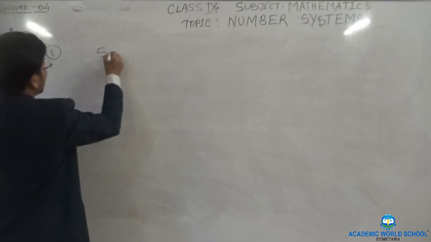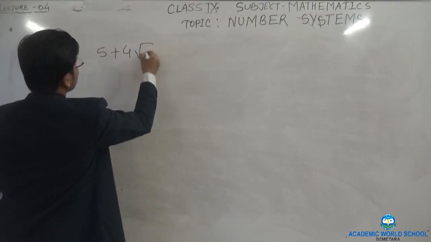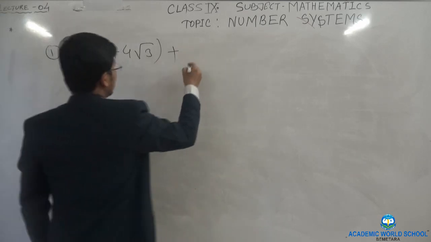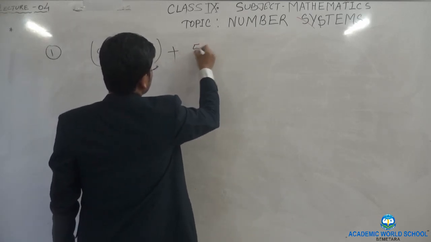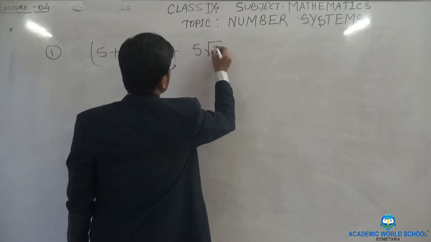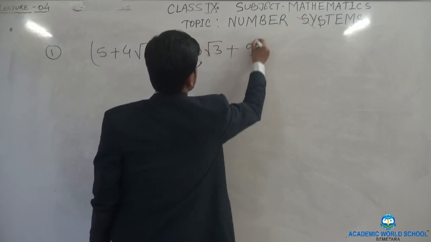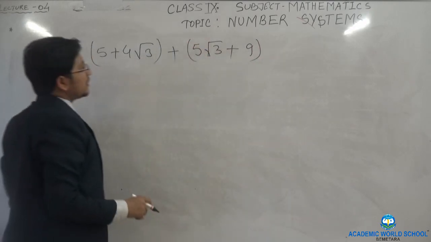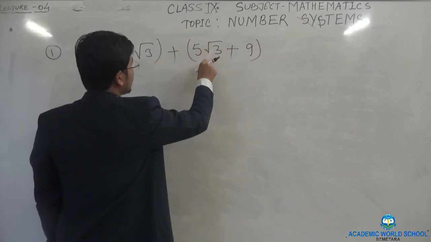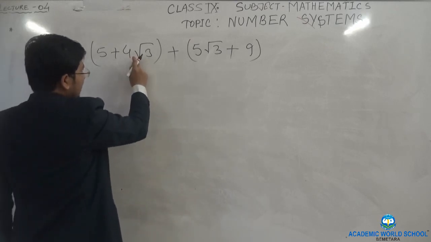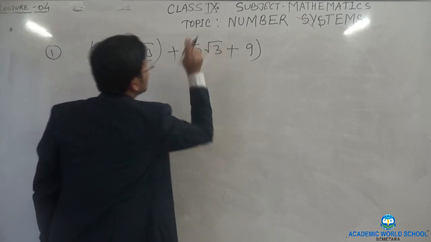Let's say I am writing 5 plus 4 root 3, and we have to add 5 root 3 plus 9. In this type of question, this is 4 root 3 and this is 5 root 3.